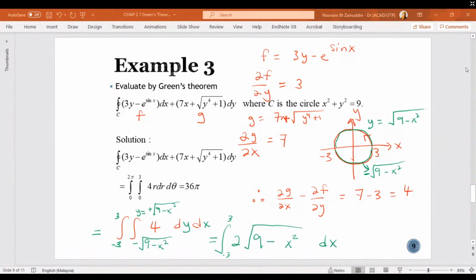Why? Because remember, you only have limits in terms of numbers if you have a rectangular region, but now you have a circle, so it is not rectangular. So your limits should be in the form of functions, in the xy axis. Okay, so you have this 2 square root of 9 minus x squared. So you integrate this square root of 9 minus x squared. Did you learn arcsine, arctangent?